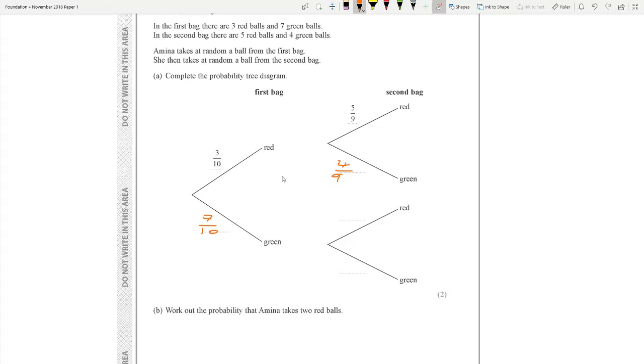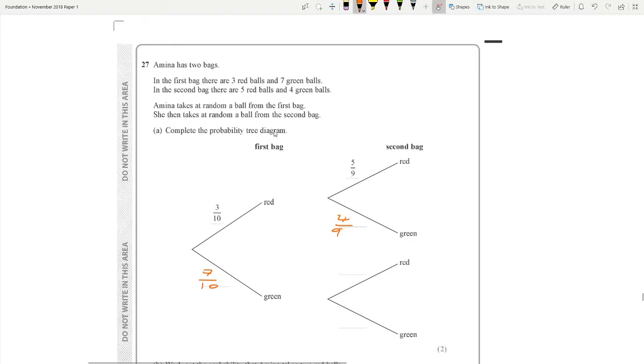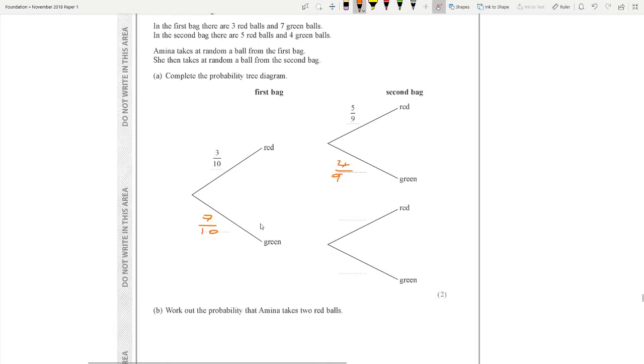Let's just double check the information we have in the question. In the first bag there are 3 red and 7 green. In the second bag there are 5 red and 4 green. So it'll be the same thing, 5 ninths and 4 ninths. So complete the tree diagram for 2 marks. That's your answer there.